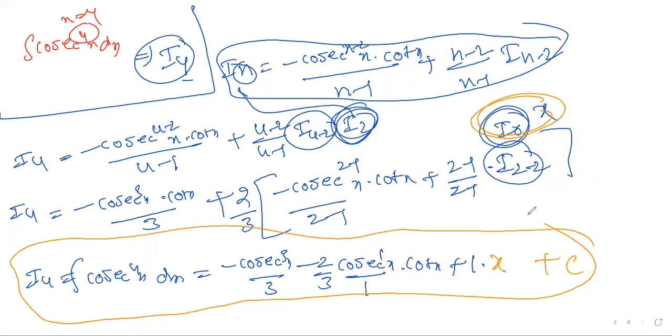So we did cosecant power 4 x dx. I think your textbook mentions cosecant power 5 x dx, as a continuation, because in the examination they may give the direct question, so I'll go through that also. I power 5 is equal to what will you get?